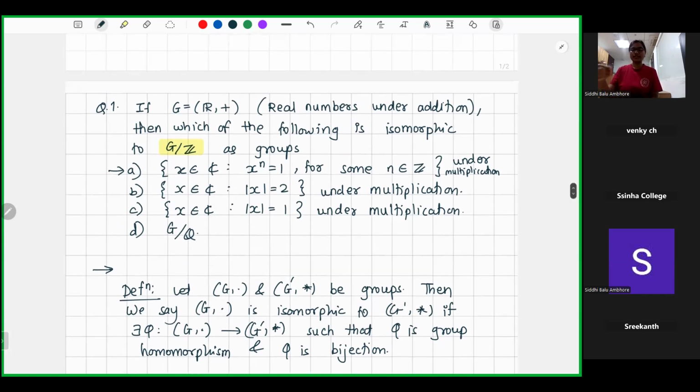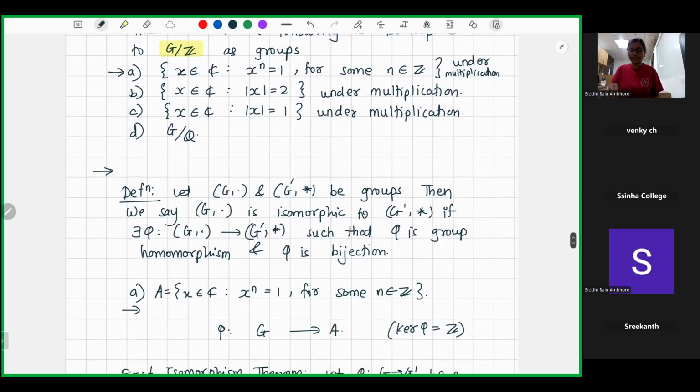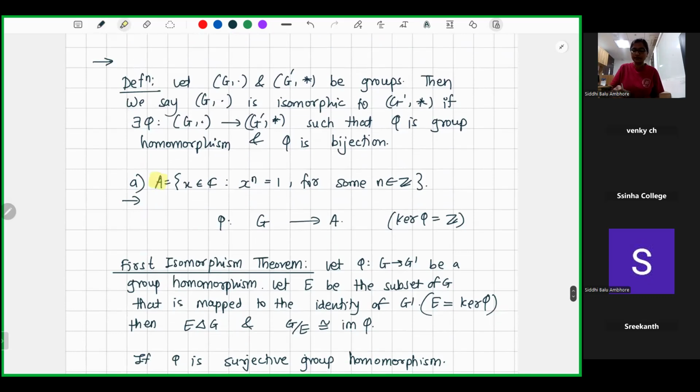So can we say that G quotiented by Z, or R quotiented by Z, is isomorphic to this A? Note that in this set A, every element is of finite order, if you observe properly. Can you see that?